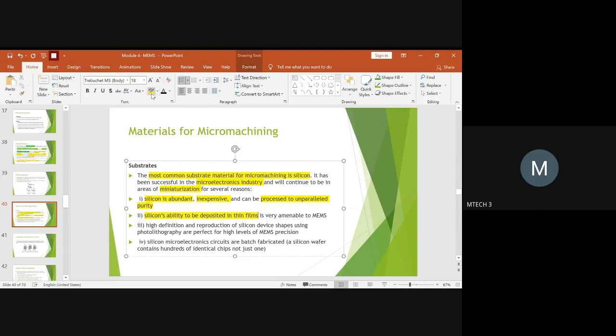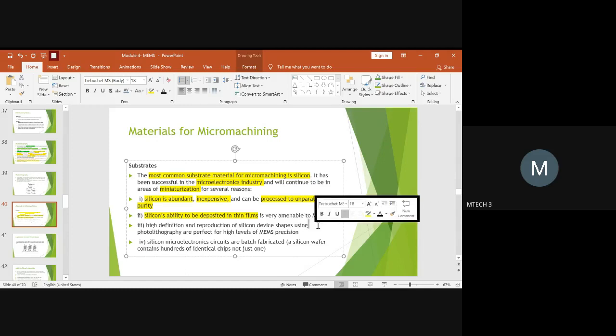It should have good compactness with the other layers you deposit. Hence this is an important factor why we use silicon: it helps in getting the materials deposited, and it also provides proper bonding. So this is the second important factor.